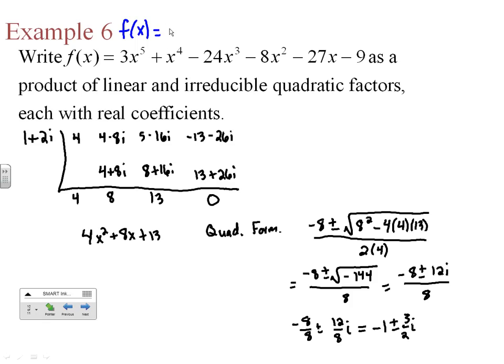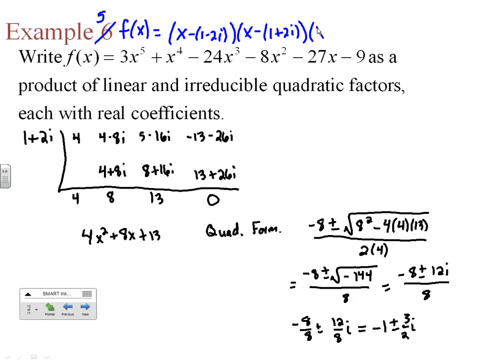Hey, this isn't the example 5 slide, so we'll get to this actual problem in a second. The first two zeros that I had were 1 minus 2i and 1 plus 2i, so x minus 1 minus 2i, then x minus 1 plus 2i.